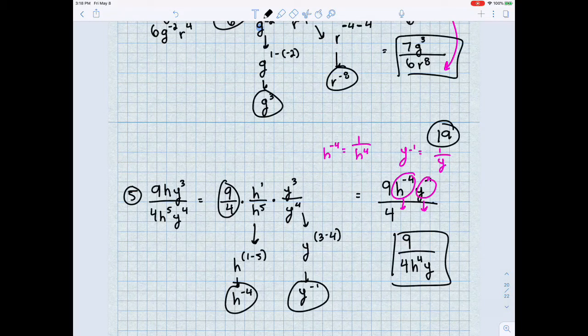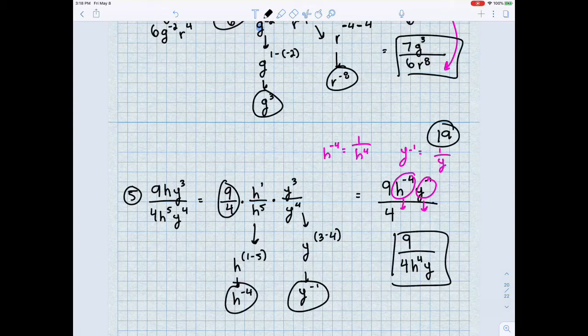Okay, so hopefully this is making a little bit more sense. Again, I'm going to keep saying this because the problems do look intimidating, but if you break them apart, just like I did, you will be able to solve them with ease.